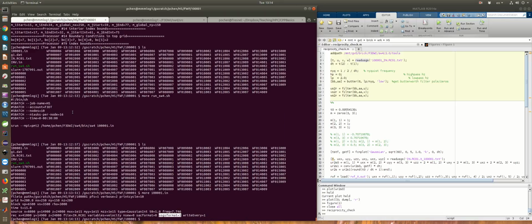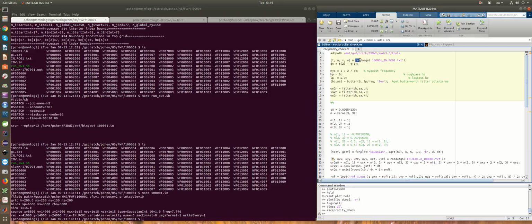So the output file is going to be written into a text file called USGS format by SW4. Here I'm using this read USGS script to read that file in. The output is going to be TUVW. The first column is time, the second column is the velocity in the x direction, velocity in the y direction, and then velocity in the z direction.